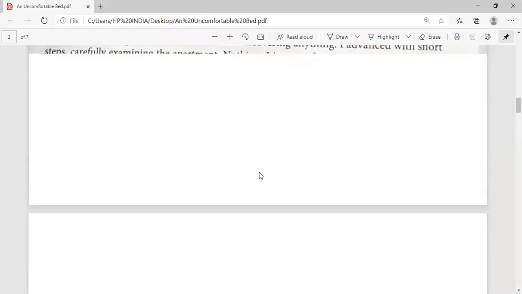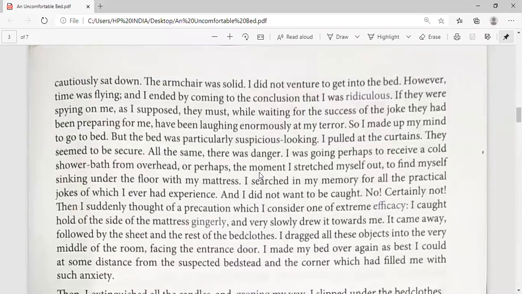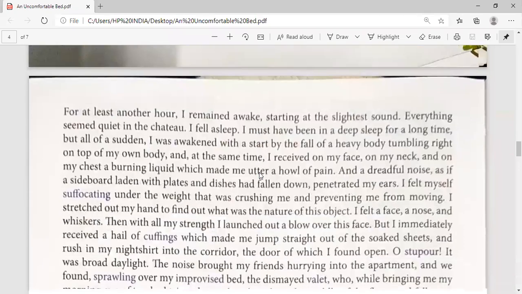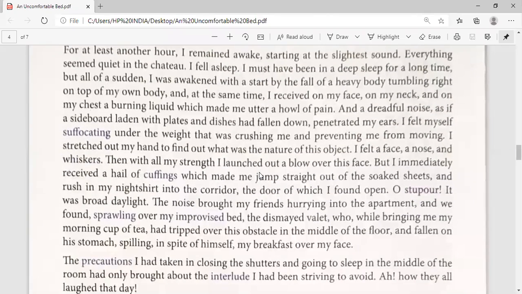For at least another hour, I remained awake, starting at the slightest sound. Everything seemed quiet in the chateau. I fell asleep. I must have been in a deep sleep for a long time.